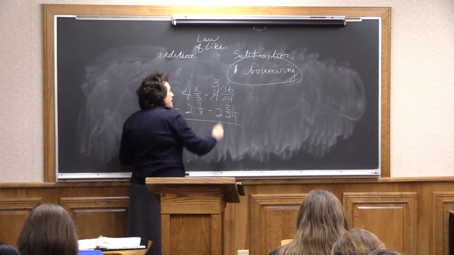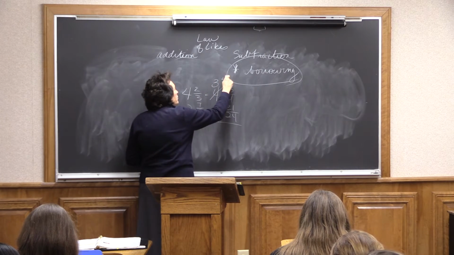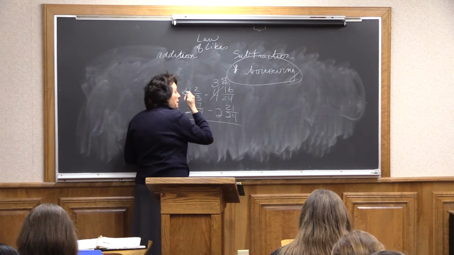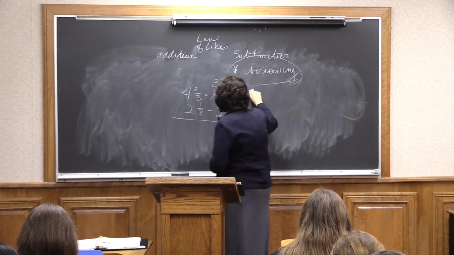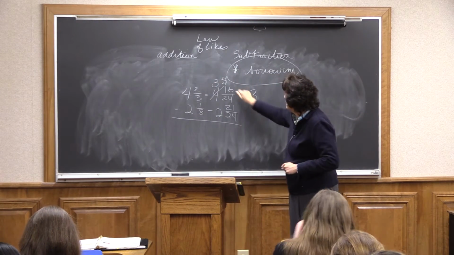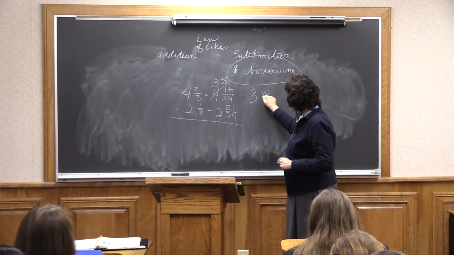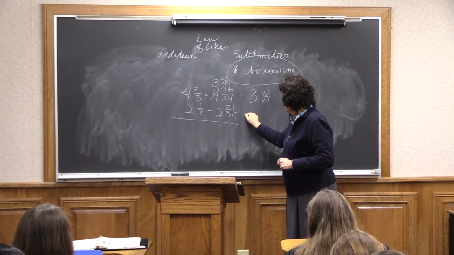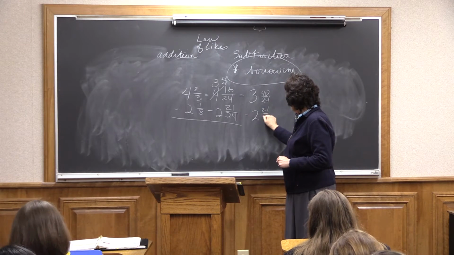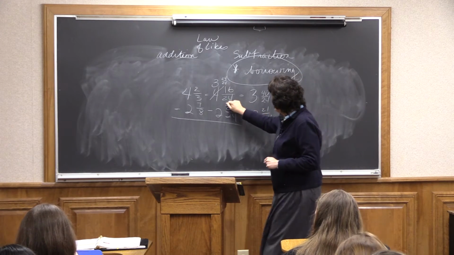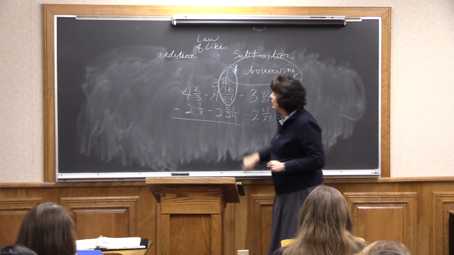Once we have the idea of the whole number being 24 24ths, I can now combine my minuend into 3 and 40 24ths minus 2 and 21 24ths. Don't forget the principle of borrowing.